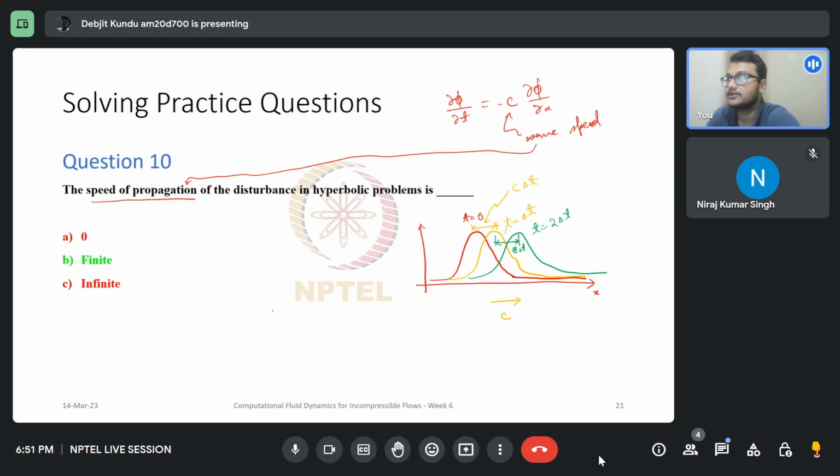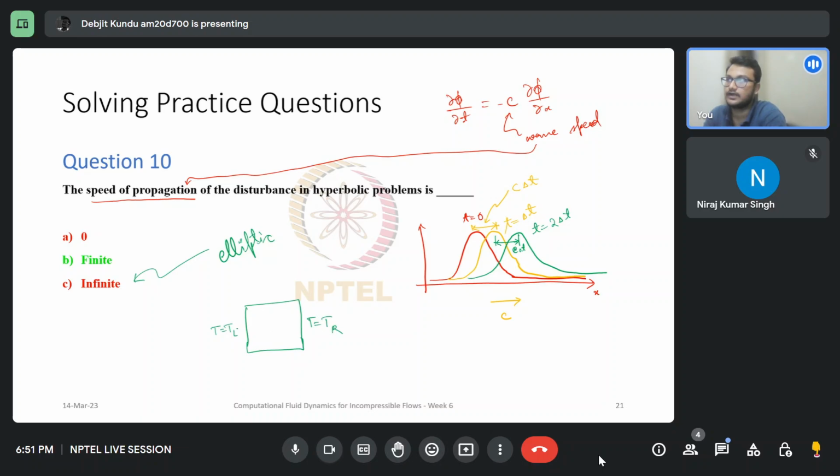Now, this is in contrast to elliptic problems, in which the speed of propagation of disturbances is infinite. So how does that work? Let's say I have a domain like this. This is a solid, and I put different values of temperature at the different walls.